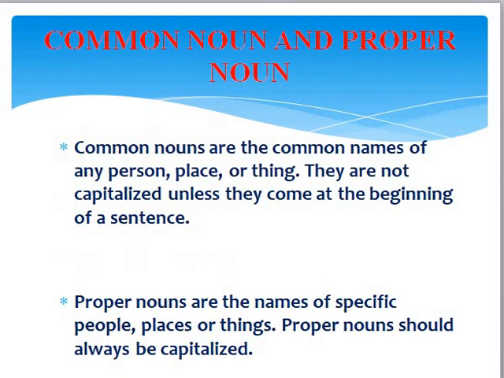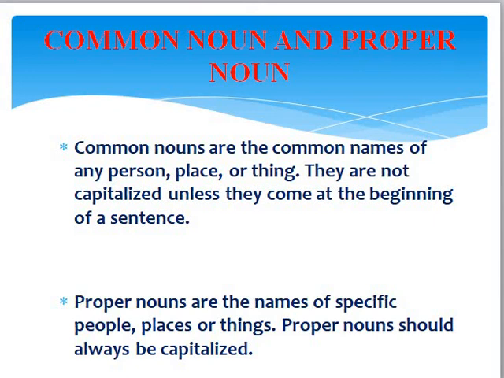Now, let's understand another difference between common noun and proper noun. Like I told you, common nouns are the common names of people, places, animals or things. Now remember, children, common nouns are never capitalized. That means they are never written with a capital letter unless they come at the beginning of a sentence.